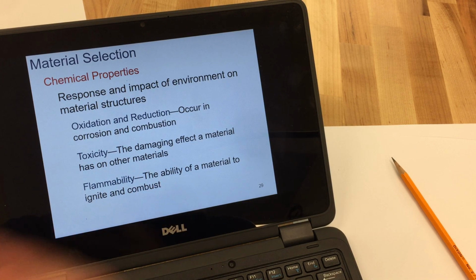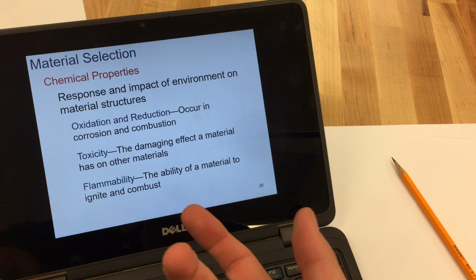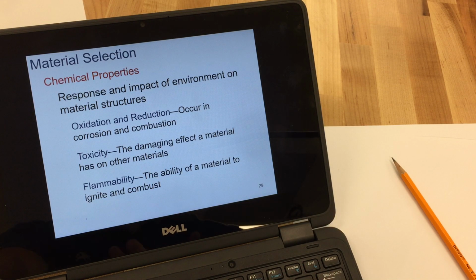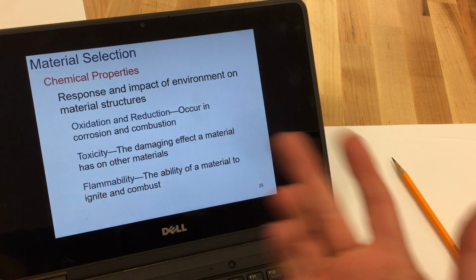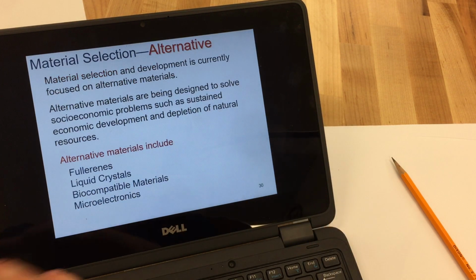Toxicity, the damage effects a material has on other materials. So some materials can withstand other things, but perhaps DEET for mosquito spray, you wouldn't want to use around your climbing ropes because it can actually eat away at the climbing ropes. And considering those you use to keep from falling great distances, that would not be something you would want. And then flammability is another chemical property.